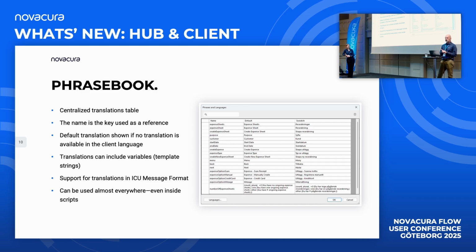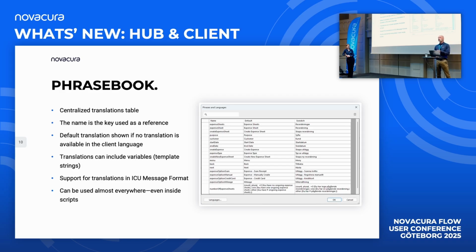So this means all your translations are stored in one place, making them much easier to manage. In that table, the name is used as the key, and that's what the application references when it looks up a translation. And if a translation isn't available in the client's language, the system automatically falls back to the default translation.